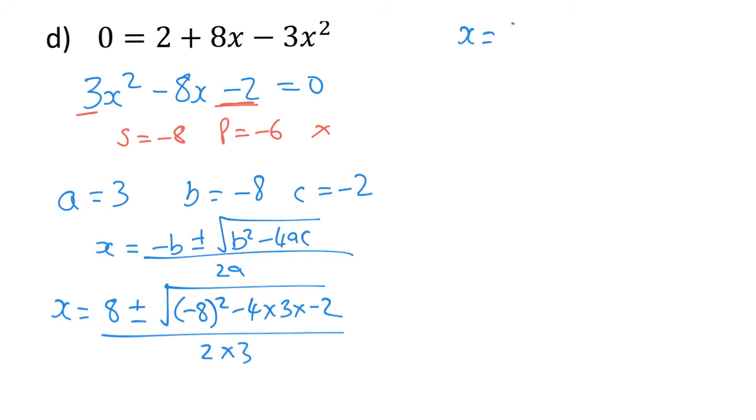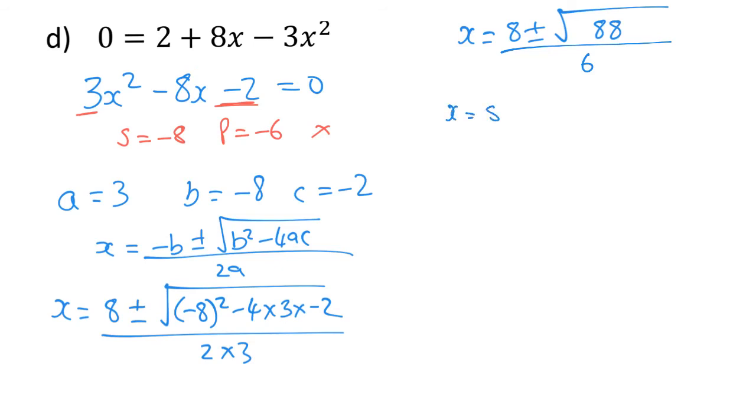So x will equal 8 plus or minus the square root of 88. So that 88 is coming from negative 8 squared is positive 64. Negative 4 times 3 times negative 2 is 24. So 24 plus 64 is 88. And that's divided by 6.